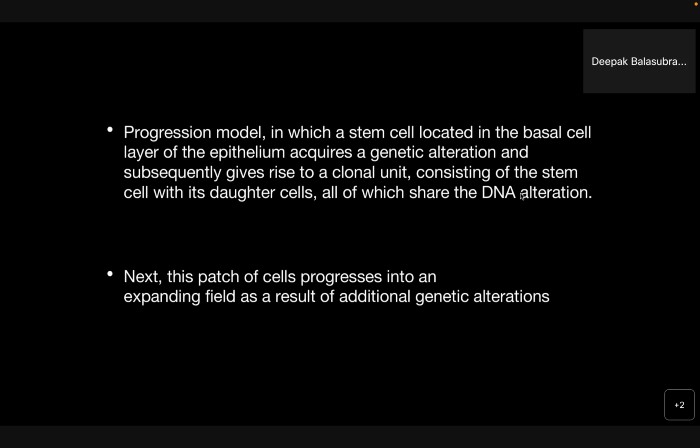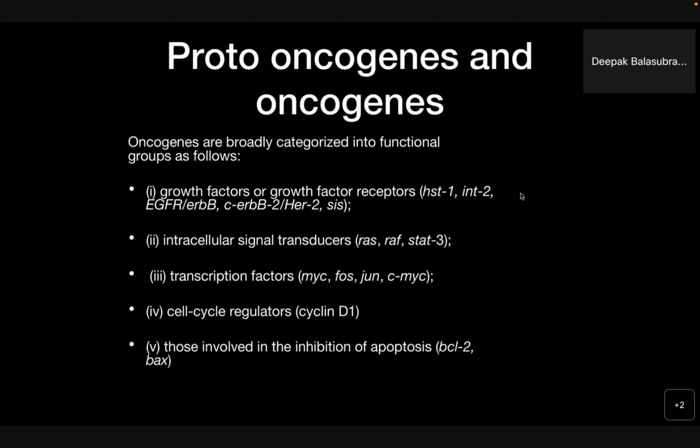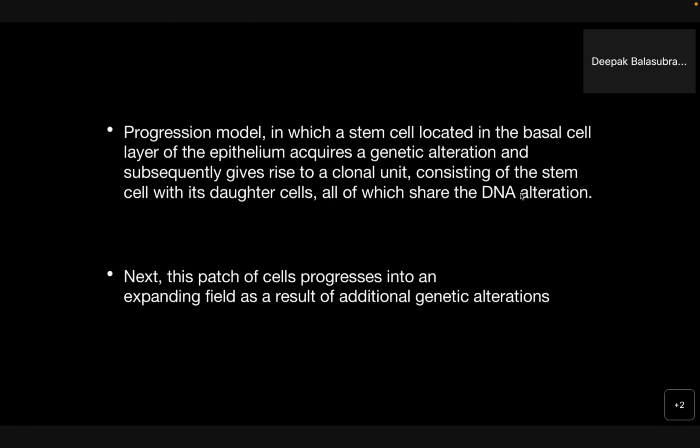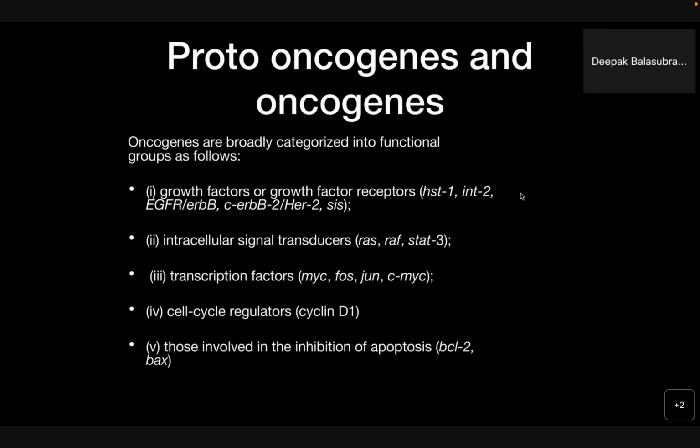Now, this patch progresses into an expanding field as a result of additional genetic change. So this is a progression model. And there's another model, which is a migratory model, which has the same basic concept, but it is separated by a greater distance from the original tumor cell.